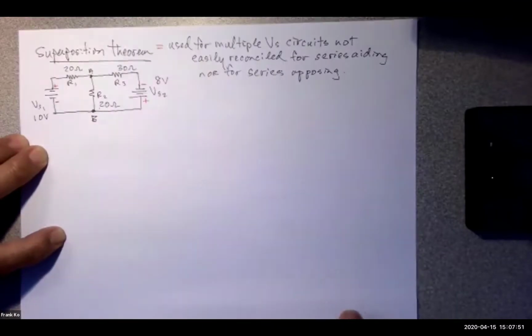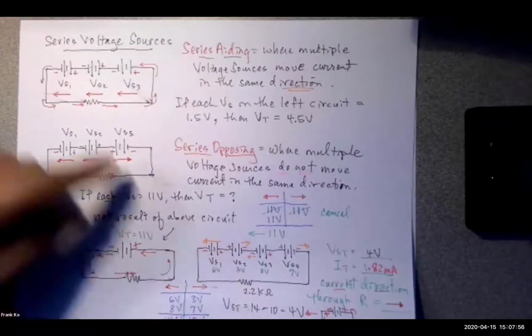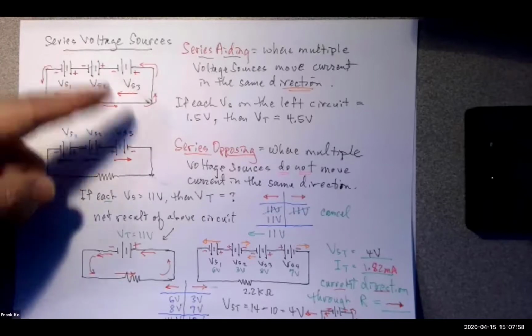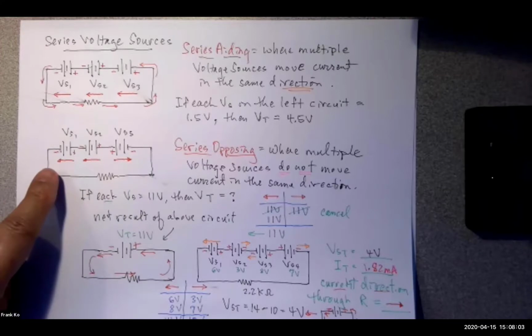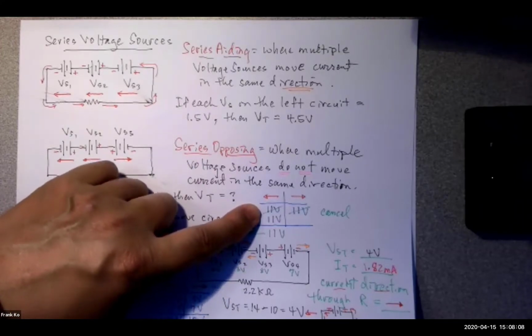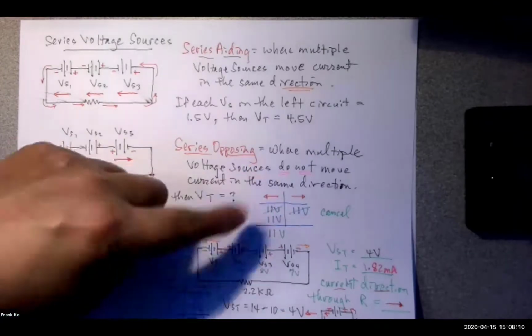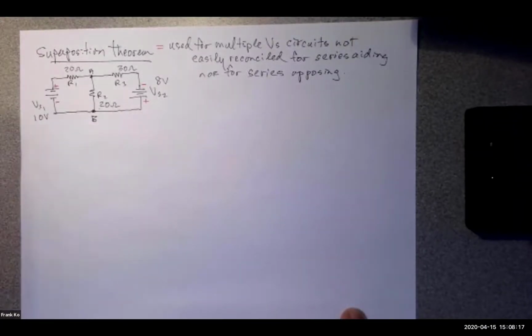So unlike the previous example of series aiding and series opposing voltage sources, where we had an easy way of reconciling them based on polarities and directions of electron current flow and building a T-chart of current to the left, current to the right, we can't quite do that here. I don't have voltage sources in series, and because they're not in series, we cannot use the previous method.